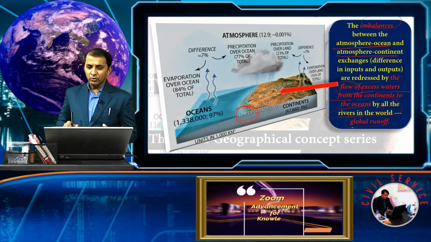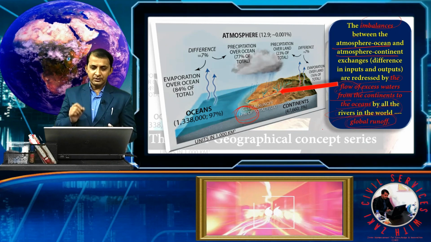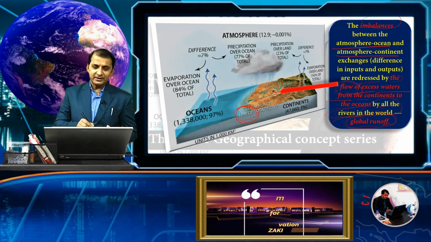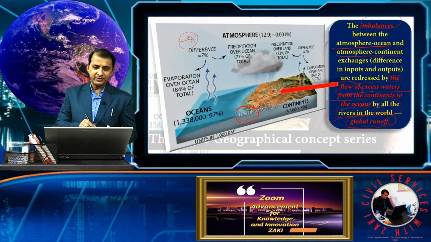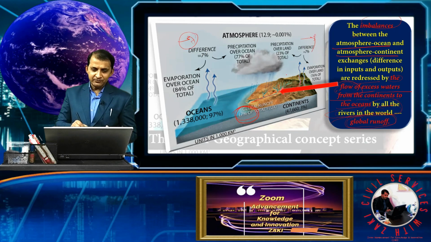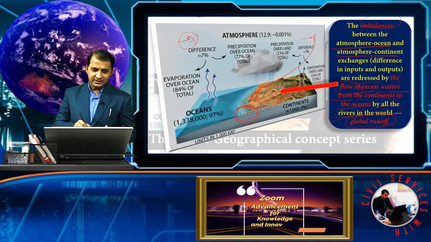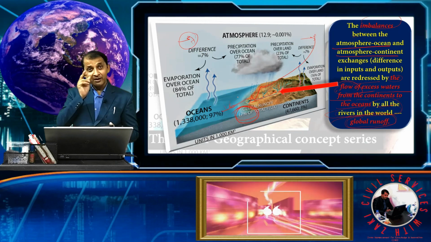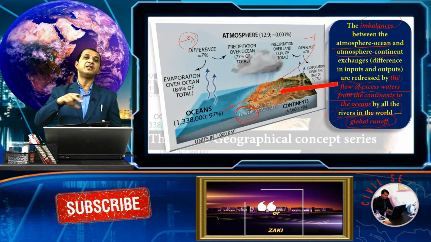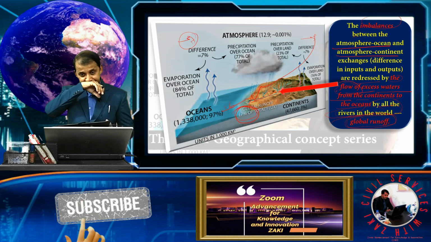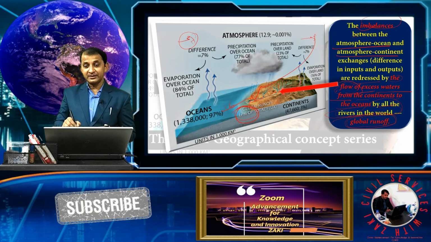Basically it is called global runoff. So the excess 7% finally goes to the ocean, and finally this cycle is completed by these imbalances.